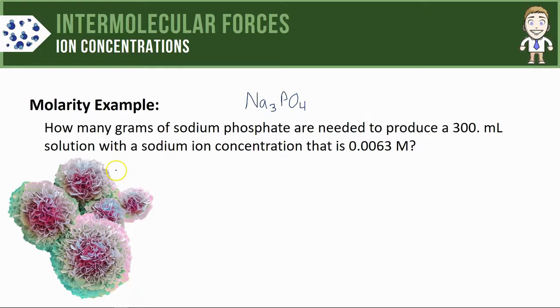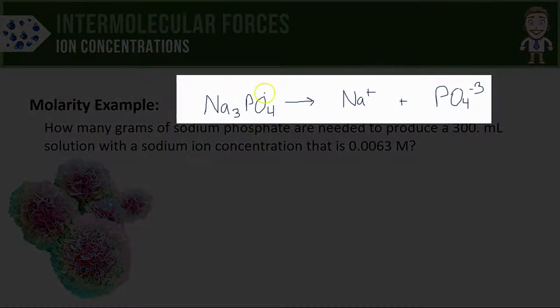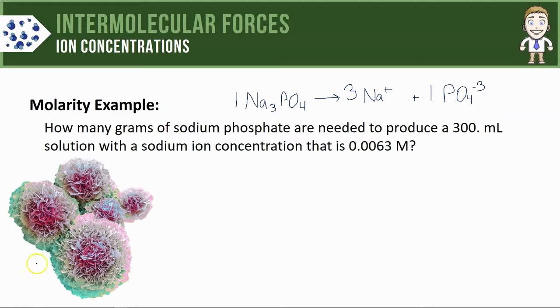Its formula is Na3PO4. So when it dissolves and splits apart into Na+ and PO4-3 ions, it's going to be producing, for every one formula unit of Na3PO4, 3 times as many Na+ and an equal amount of PO4-3s.